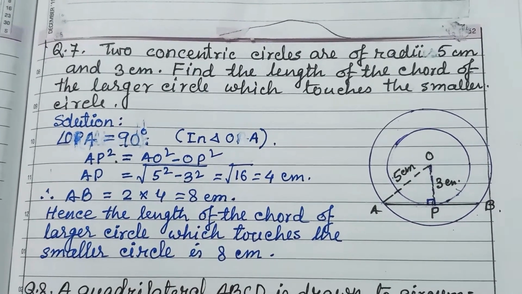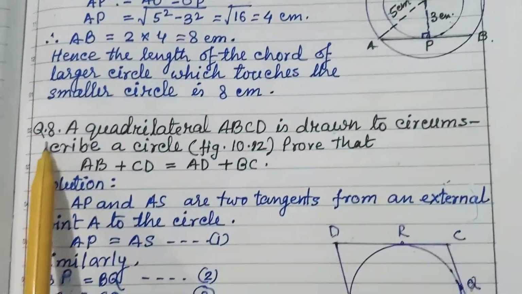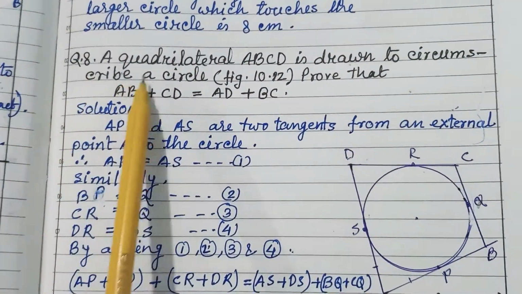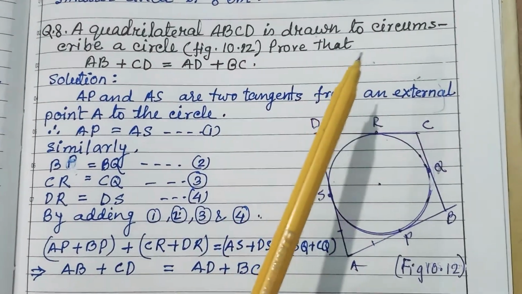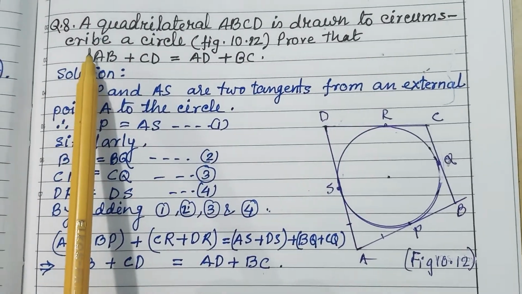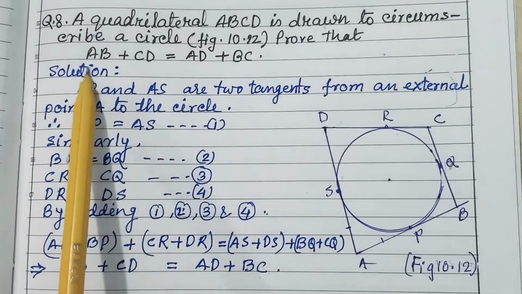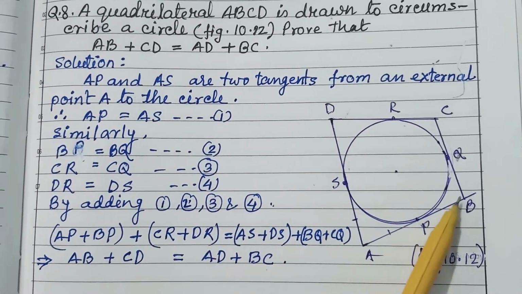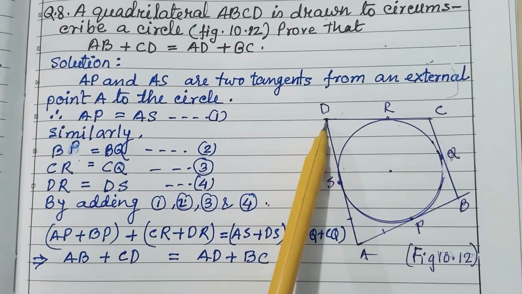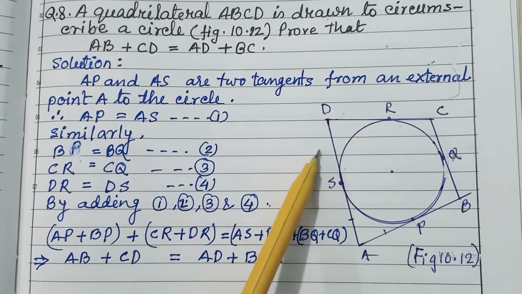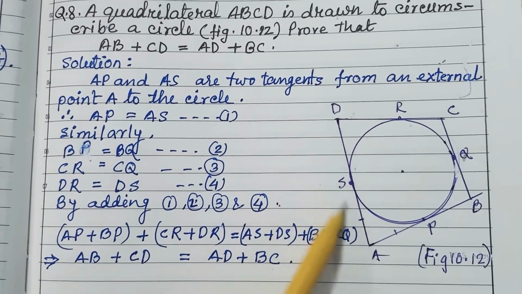Now the next question is question number 8: a quadrilateral ABCD is drawn to circumscribe a circle. Prove that AB plus CD is equal to AD plus BC.